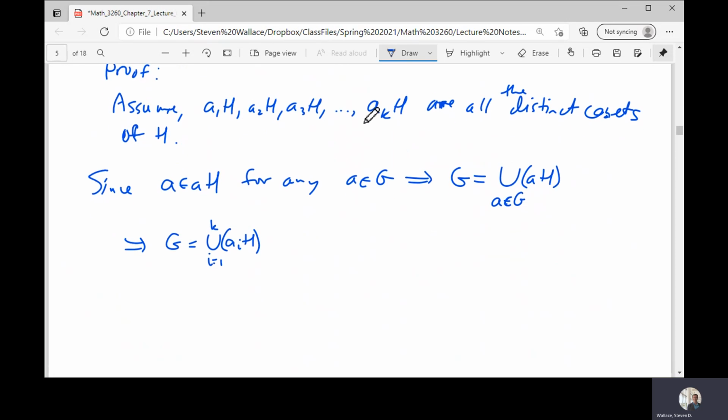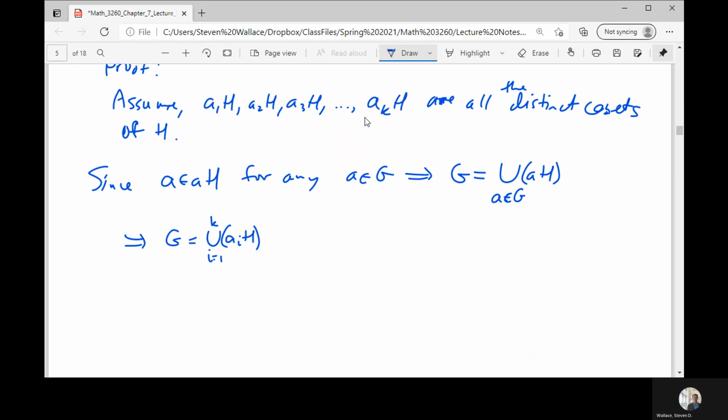And not only that, furthermore, two cosets are either equal or they are totally disjoint.